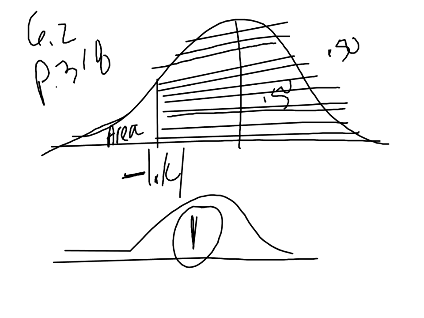It's like our complement. So here's what we're going to do. We know this area is bigger than 50%, but we can read the area to the left of minus 1.14, and when I get that, I'm going to subtract it from 1, and that will give me all the area to the right, which is what we're looking for.